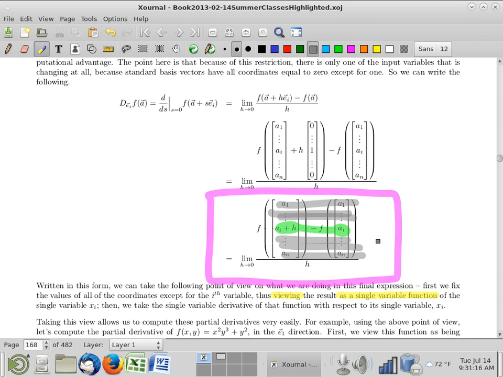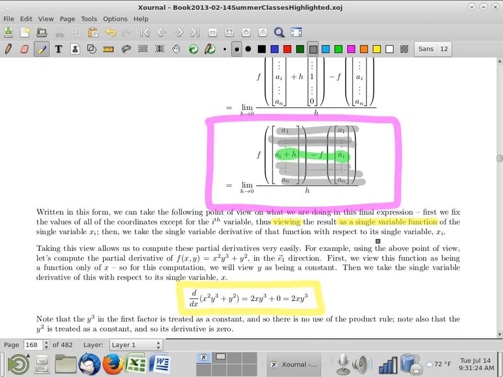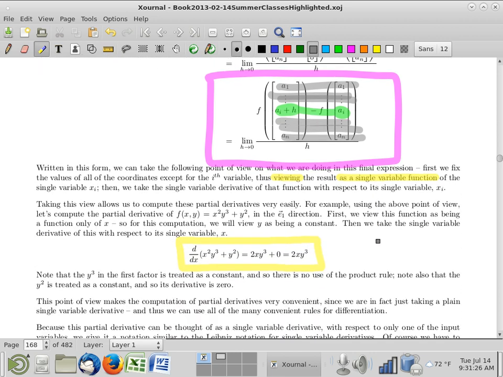Because, of course, you're just moving in the direction of a standard basis vector, that means you're moving in the direction of just that one variable. So when you take this special case directional derivative, you effectively are viewing all the variables as constants, and thus the entire function is thought of really as a kind of single variable function.